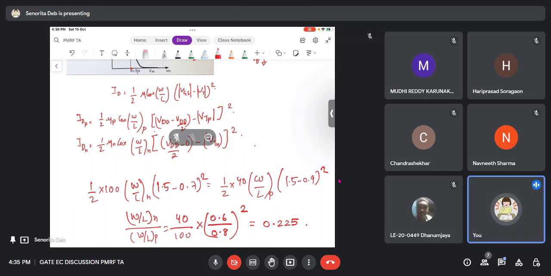It was a simple solution. So 0.225 is the answer.